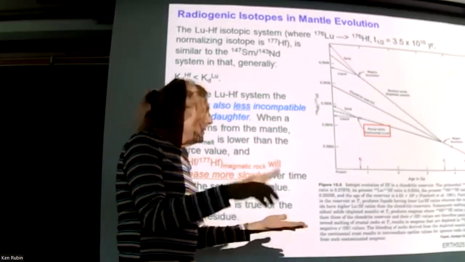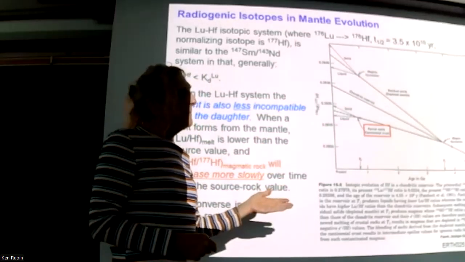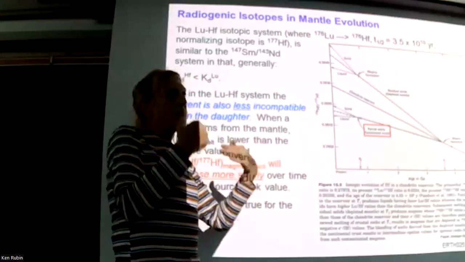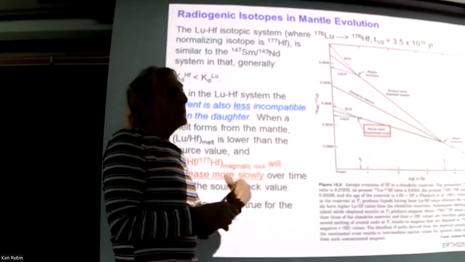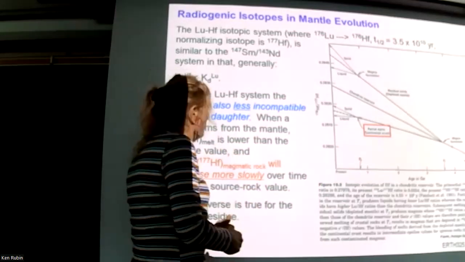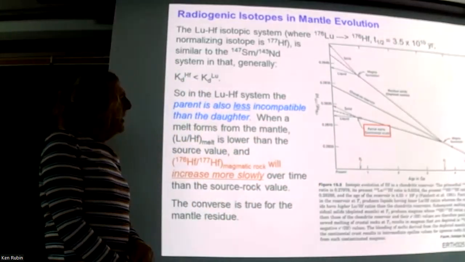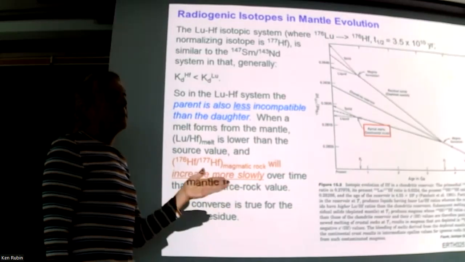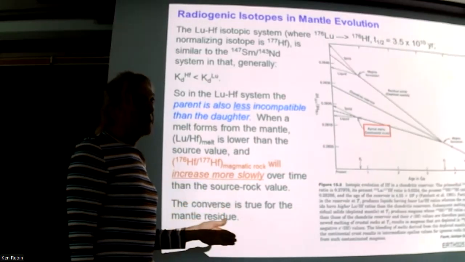Whereas in the samarium-neodymium and the lutetium-hafnium systems, the melt is the non-radiogenic component. It's the part that grows less quickly than the source material it came from because it has less parent. But in other respects, the lutetium-hafnium system works very similarly to the samarium-neodymium system.